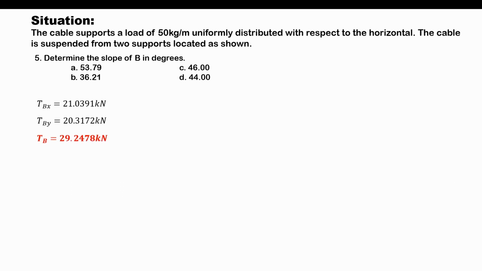So here's the summary of the components and the resultant tension at point P. As what we've done in solving for the slope at A, we also need to visualize the force triangle representation of the tension at P. So here's the resultant, and here is its horizontal component as well as its vertical component, and the slope that we are solving for is this one, and it is denoted here as theta B.